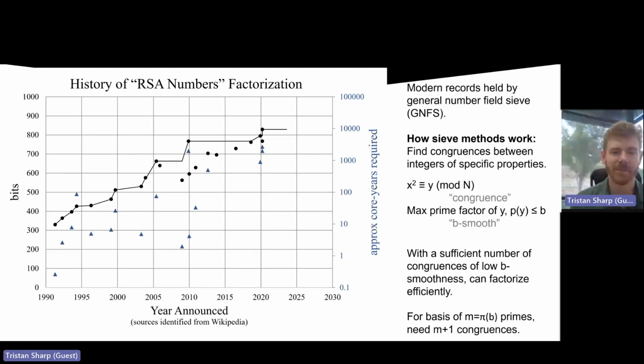So with a sufficient number of congruences of low B smoothness, then you can efficiently factorize. So sieve methods leverage that just finding the congruences is the bottleneck, and then you can factorize. So for a basis with M primes, you need exactly M plus 1 to be sure that you can then factorize.